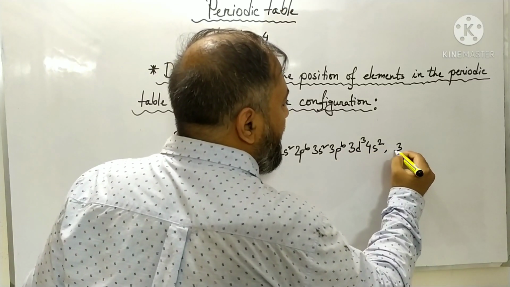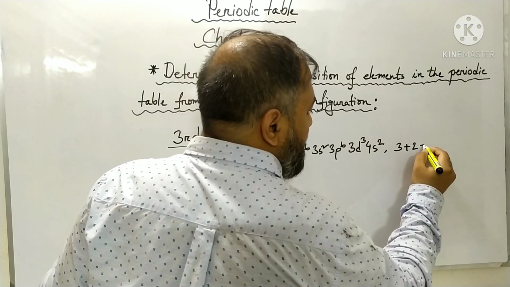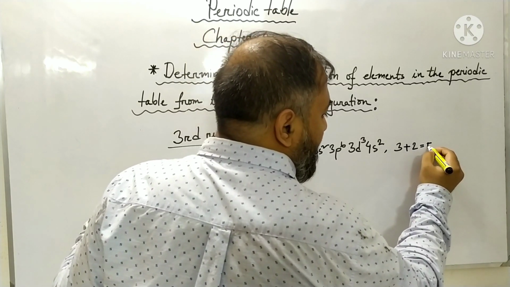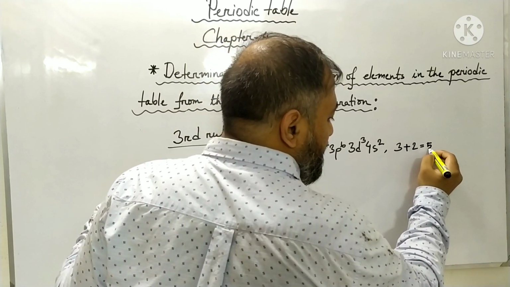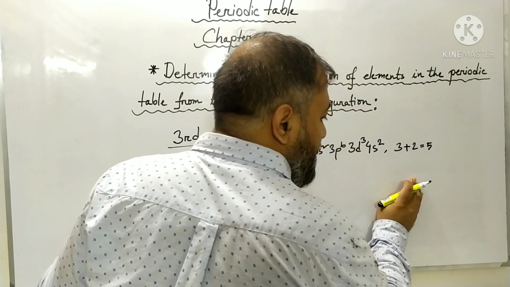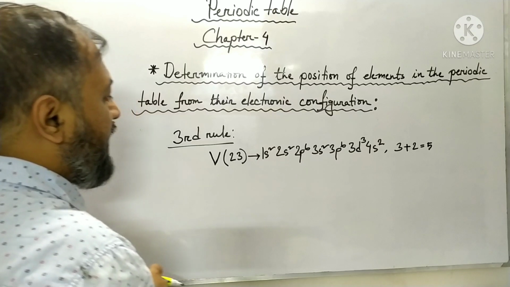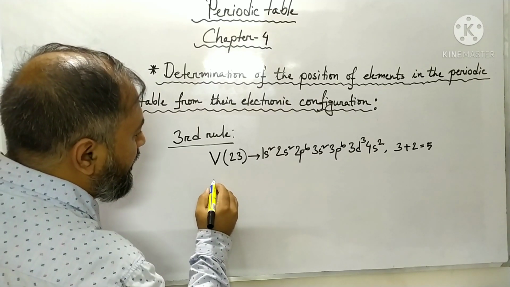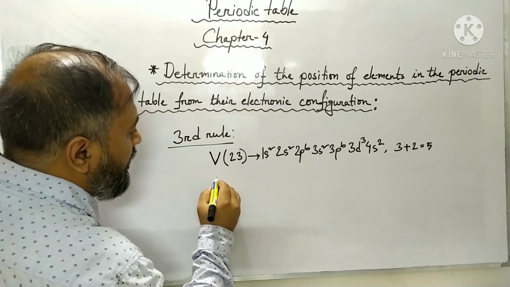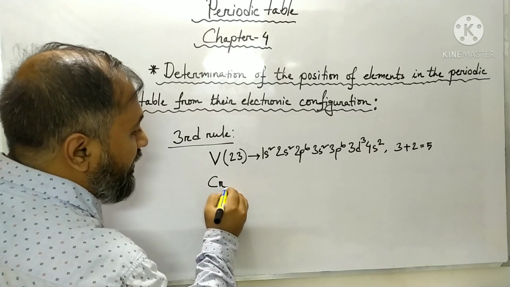So in this case, the group number will be the total number of electrons present in the d and s orbitals. So what is the number? 3 plus 2 is equal to 5. Now come to the second one, chromium.